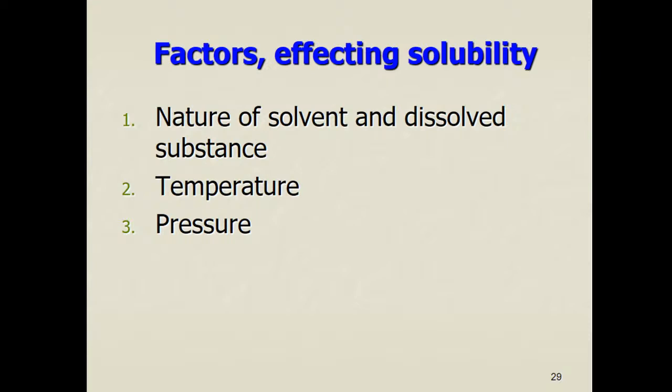And they can be of different nature, like our blood is a solution. Electrolytes are present, non-electrolytes are present, and even high molecular weight substances. Temperature is the second factor, and the third one is the pressure factor, only if a gas is dissolved. So if the solute is a gas, the pressure effect will be important to understand.